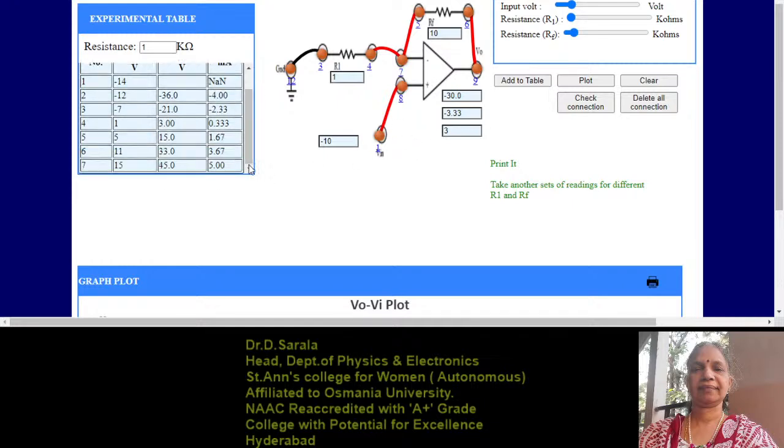Let me show you. You can continue the same table. What have we taken? Minus 10 was the input voltage. So minus 30. Now it is 1 plus 11. 33 it should be. We have taken minus 7 input, minus 77, so it's 11.